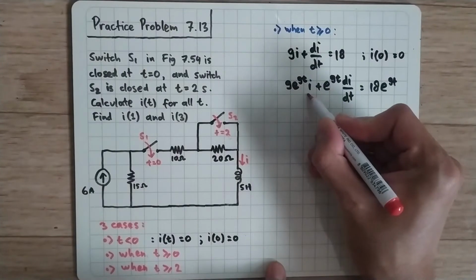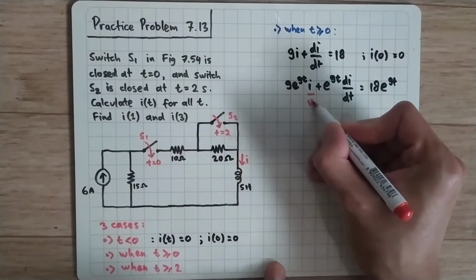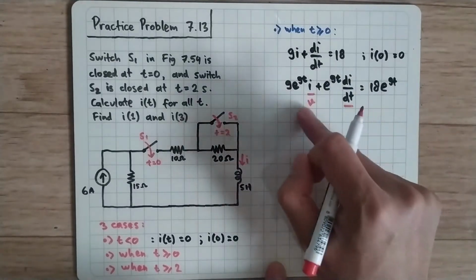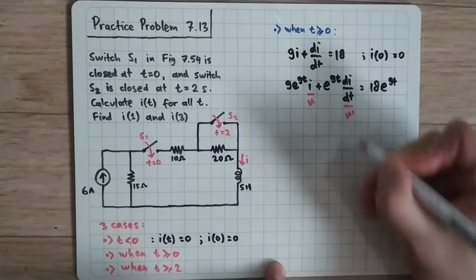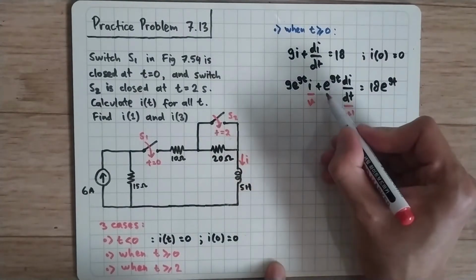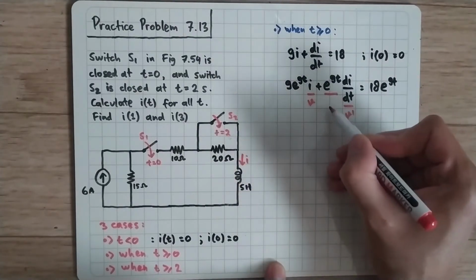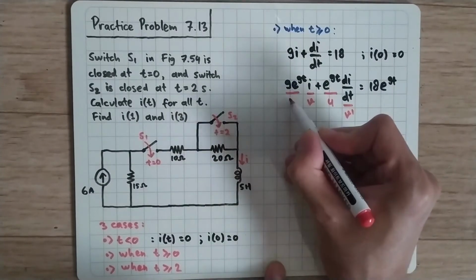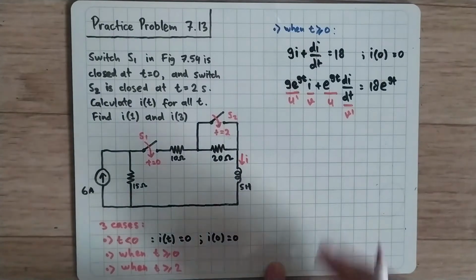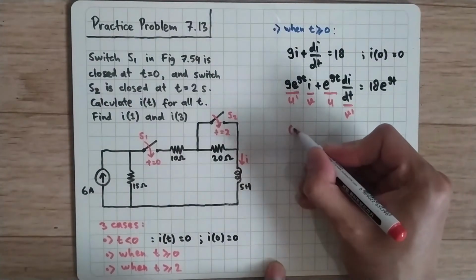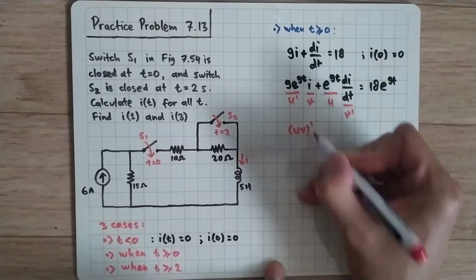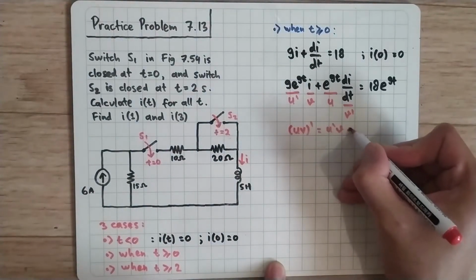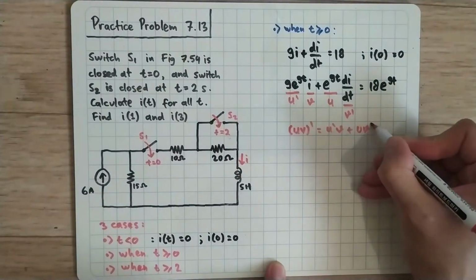Okay, now we need to check this carefully here. If we name this v, this di over dt is the differentiation of this one, so this is v prime, right? And if we name this here as u, this is the differentiation of u, so I will have u prime. Remember that if we have a function multiplication and then differentiate, we will have u prime v plus u v prime.